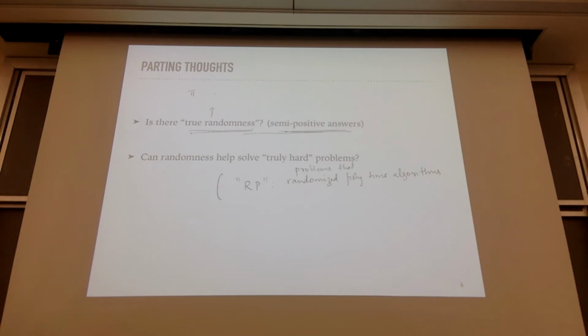And P is, of course, problems that admit polynomial time algorithms. And one of the questions we don't know is, is P equal to RP? So this we don't know.